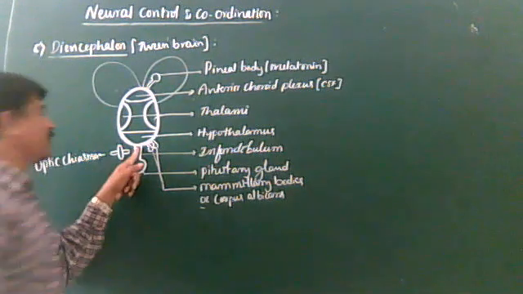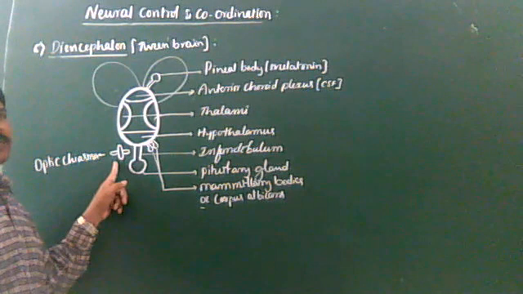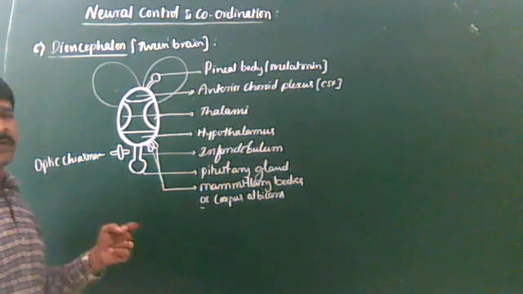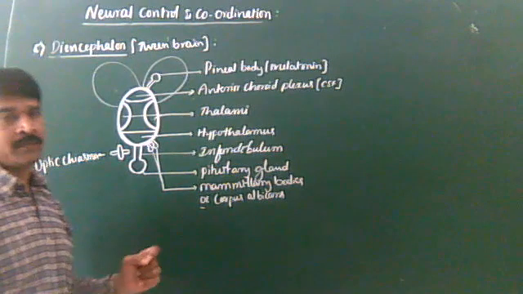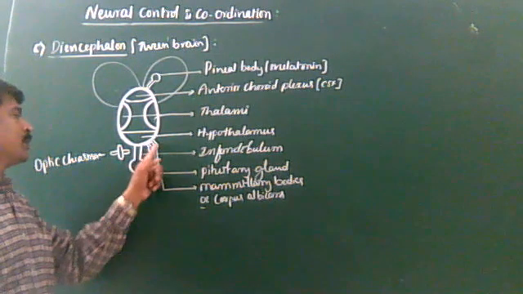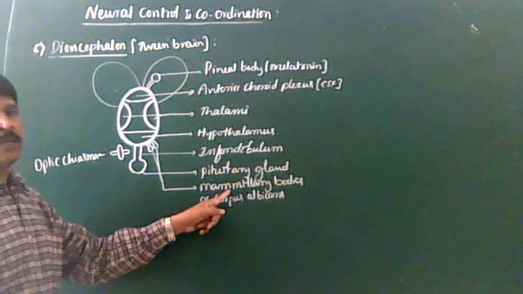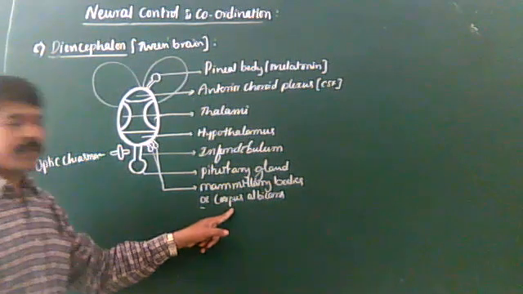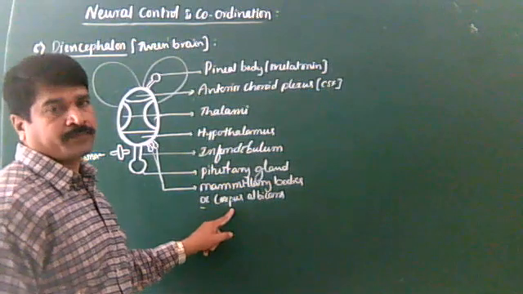In front of the infundibulum, there is a cross of two optic nerves called the optic chiasma, meant for binocular vision. Behind the infundibulum, there are two small rounded structures called mammillary bodies, also called corpus albicans, concerned with the sense of smell.